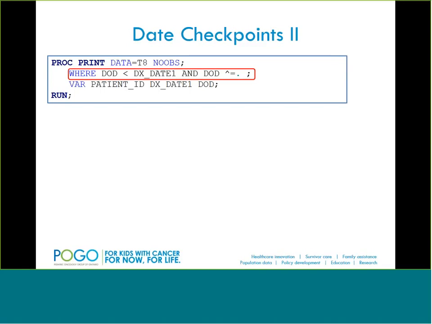So only print where the diagnosis date is after the date of death, so the date of death is less than the diagnosis date, and the condition that date of death isn't missing. If I didn't have the date of death is not missing, then it would print all the patients who didn't even die because it thinks that the date of death is missing for them. And here's what I get.